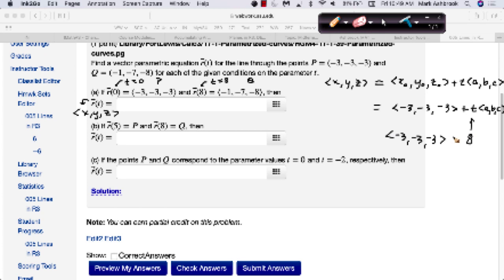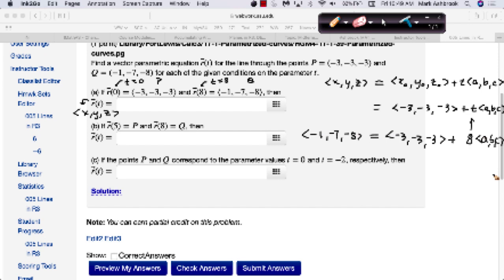So where does that go? Over here, right? When t is 8, we want the equation of the line to give us -1, -7, -8. So then now the A, B, C should be uniquely determined.